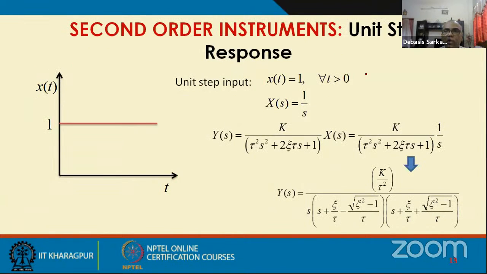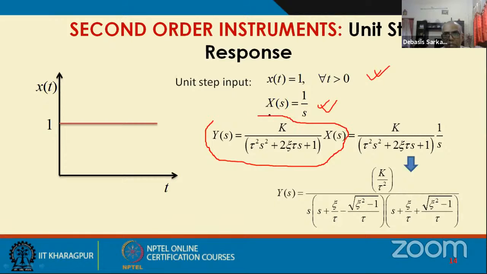The unit step input is this function, and you know the Laplace transformation of the unit step input is 1 by s. If I say step input of magnitude not unity, but let's say magnitude 10, you put 10 here.